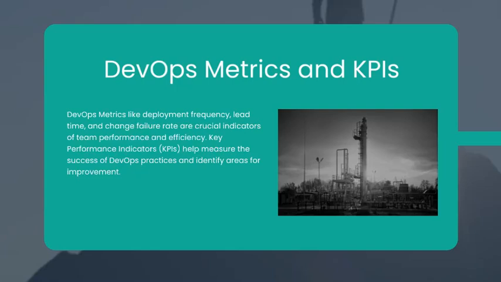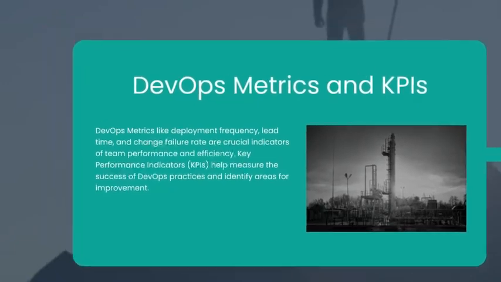Metrics you can use are deployment frequency, lead time, and change failure rate, which play a crucial role in team performance. KPIs help measure the success of how much DevOps practice is helping you.